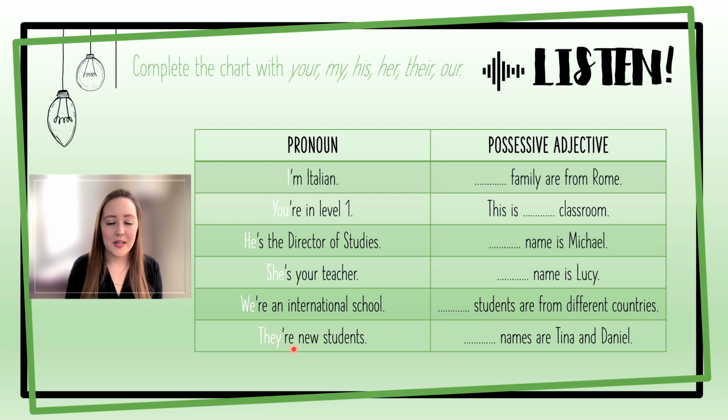And the last one, pronoun. They're new students. And the possessive adjective, their names are Tina and Daniel. Write down the possessive adjective. Good job. And now let's check.